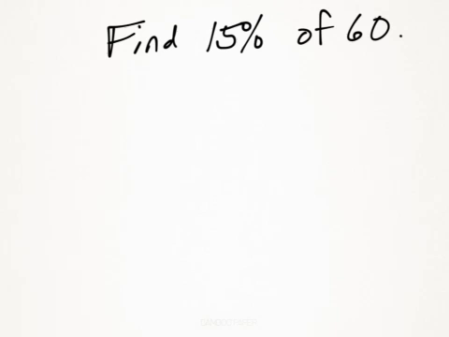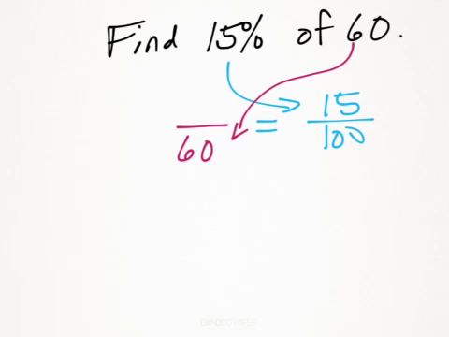Let's look at an example that you might see in the book. Find 15% of 60. I know 15% is going to be my R because there's that percent sign. So that automatically tells me it's my R. The only thing I have to do now is determine if the 60 refers to the percentage or the base. Of course, this is referring to the base because of that sentence structure again.